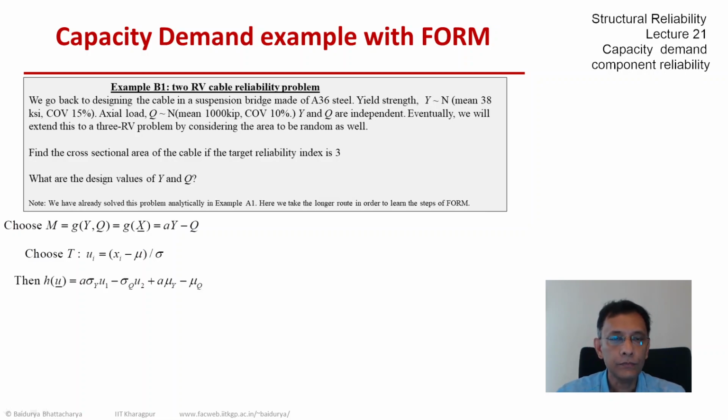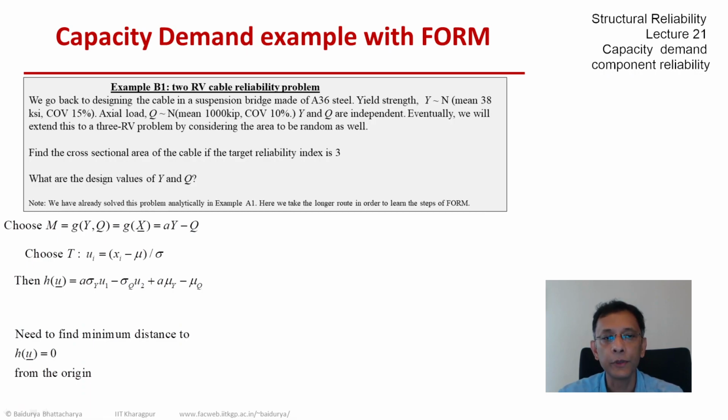After employing this transformation, the new limit state function h is a linear function in u1 and u2. A, sigma y, sigma q, mu y, mu q, these are all non-random constants. So we basically have to find the minimum distance to the straight line from the origin.